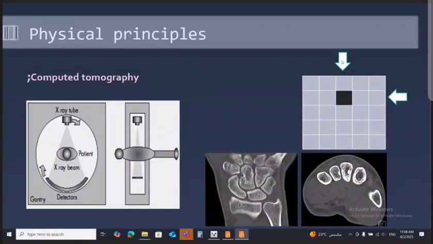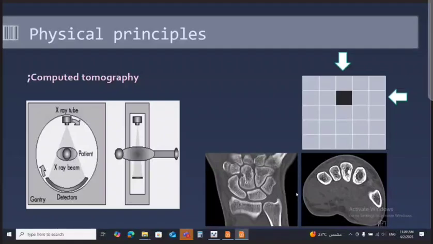If you have one side like the X-ray, this will be a projectional image, and we will have an opacity here, and we couldn't localize the site of the opacity, whether it is anterior or posterior. But if we have images from all sides, then we can localize the site of the opacity and take axial images like this, and we can localize the areas of high density and areas of low density.